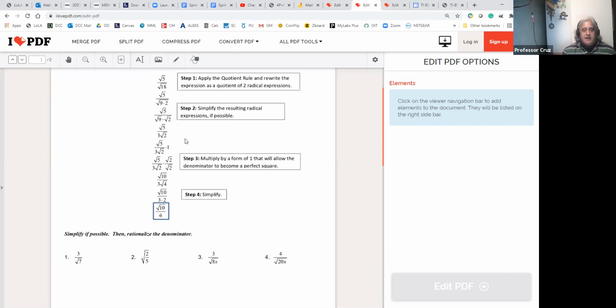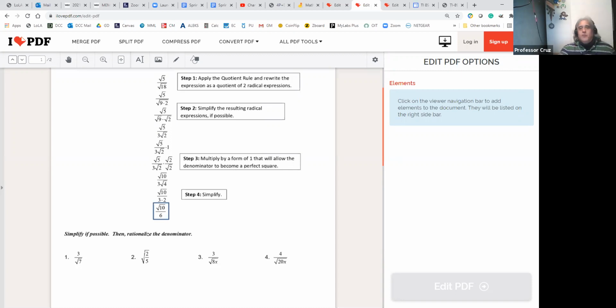Now they show that we're going to multiply by 1, and what they mean is that if we multiply any fraction by a term over itself, like square root of 2 over square root of 2, that's the equivalent of 1, and it does not change the value of that expression.